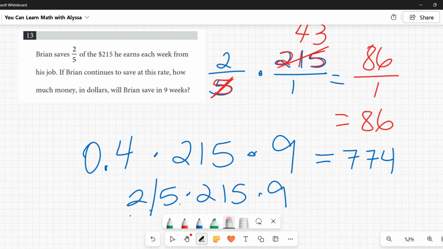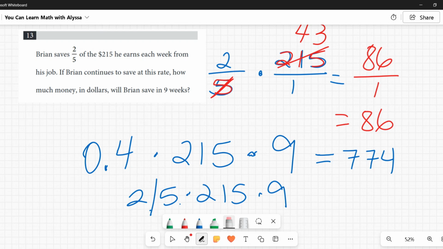I mean, most calculators shouldn't, they should follow order of operations going left to right. I just always like to mention that. Just know your calculator, know how it works so that it is giving you the right answer and you can trust that it's giving you the right answer.